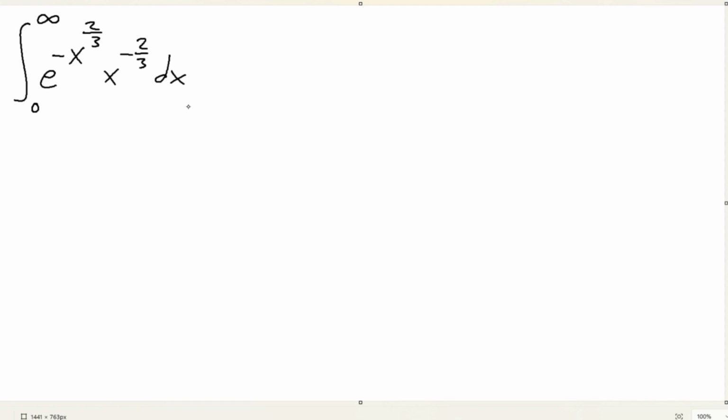What on earth is this? This looks cool. This looks very beautiful, but it is also very awkward to see. Well, let's not hesitate. Let's try doing a power sub just to get rid of this fraction. Let u cubed equal x, and we get 3u squared du equals dx.